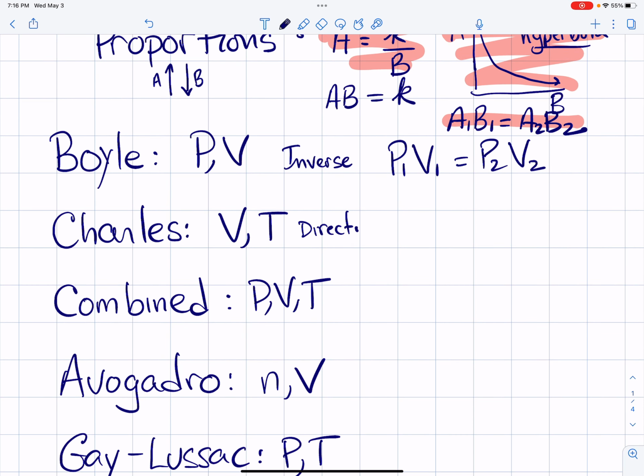The equation that we get looks like this: V1 over T1 equals V2 over T2. Now here again, you would use Charles's law if you're doing a problem where volume and temperature are changing, but the other variables are being held constant.